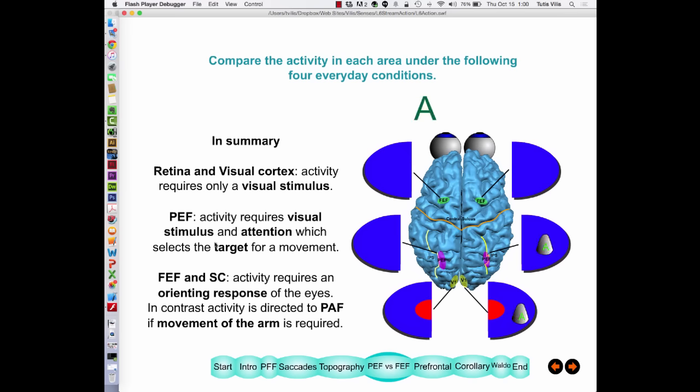That movement can be either an eye movement or it can be an arm movement. And finally, the parietal eye field and the colliculus get activated anytime you have a stimulus, you have attention, but also an eye movement. If instead you need an arm movement, then it's the parietal arm field that gets activated.